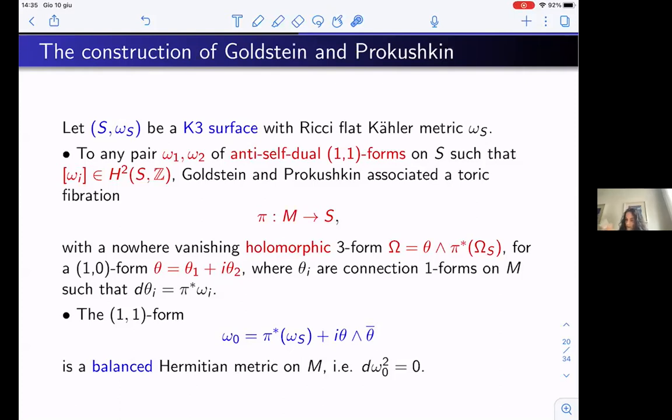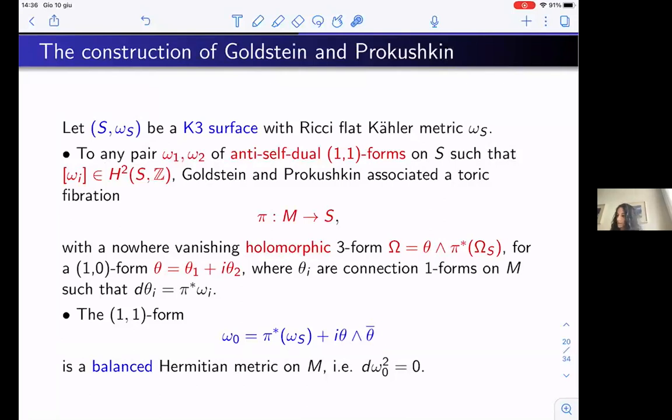Theta is just the vertical part, let's say, and in a natural way, using theta and using omega S, which is a holomorphic (2,0)-form on S, they construct a (3,0)-form, just given by the wedge of theta times the pullback of the (2,0)-form on M. And the trick here is that if you pull back omega S by the holomorphic projection, and you add essentially theta wedge theta bar, in a natural way you get the balanced metric.